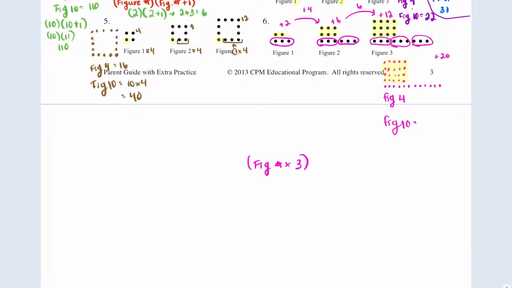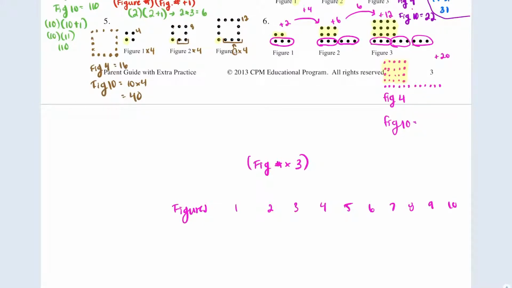Or not 2 extra dots, but there's a difference of 2 dots. So I'm going to write this out. So these are figures. So figures 1, 2, 3, 4, 5, 6, 7, 8, 9, and 10.